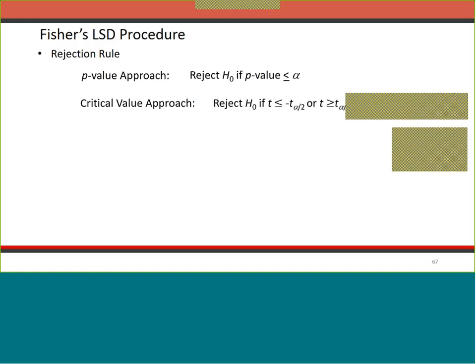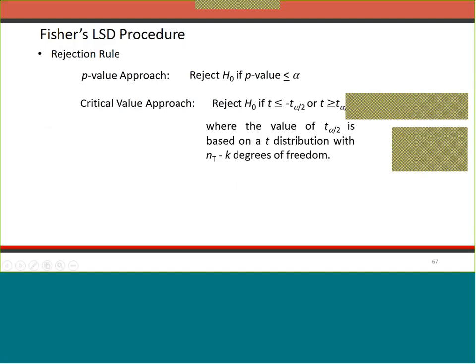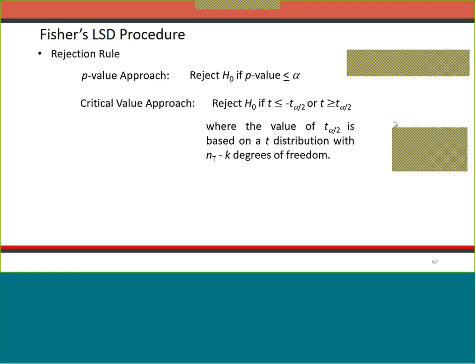In the critical value approach, it is a two-tailed test, because we are checking not equal. So you have to calculate t alpha by 2. t alpha by 2 is based on a t distribution with n_T minus k degrees of freedom, because we are using MSE in the denominator.